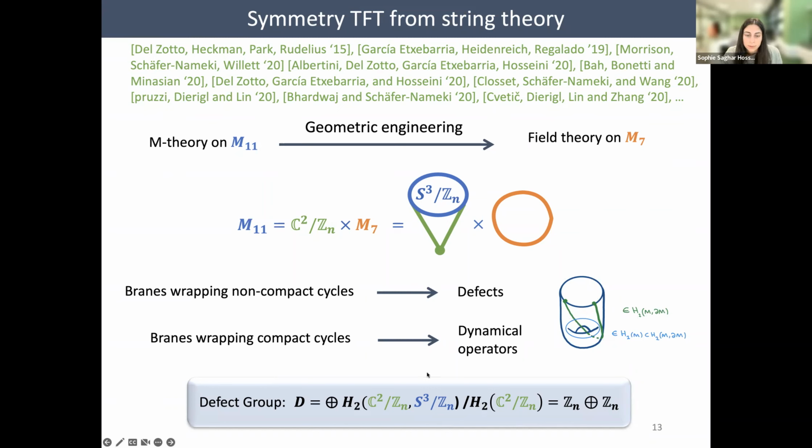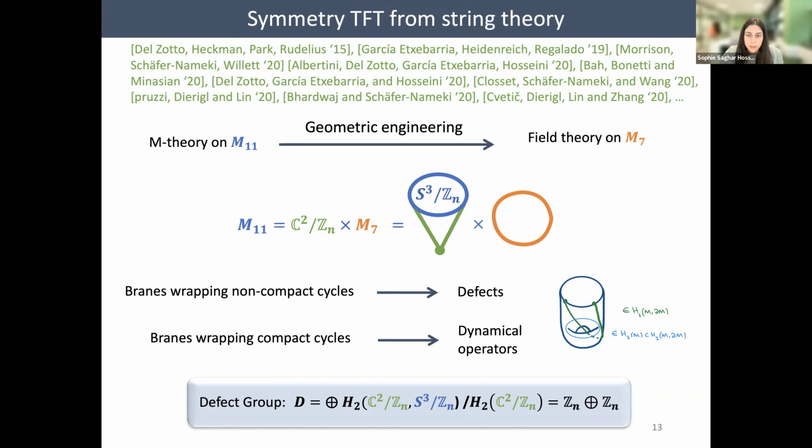So what we have to do is look at all the possible defects in the theory given by these cycles, and then quotient by the dynamical objects. Then we find the defect group, and this is actually not the higher-form symmetry group. It is bigger, because exactly we have these choices, and we have to choose a subset of this group.